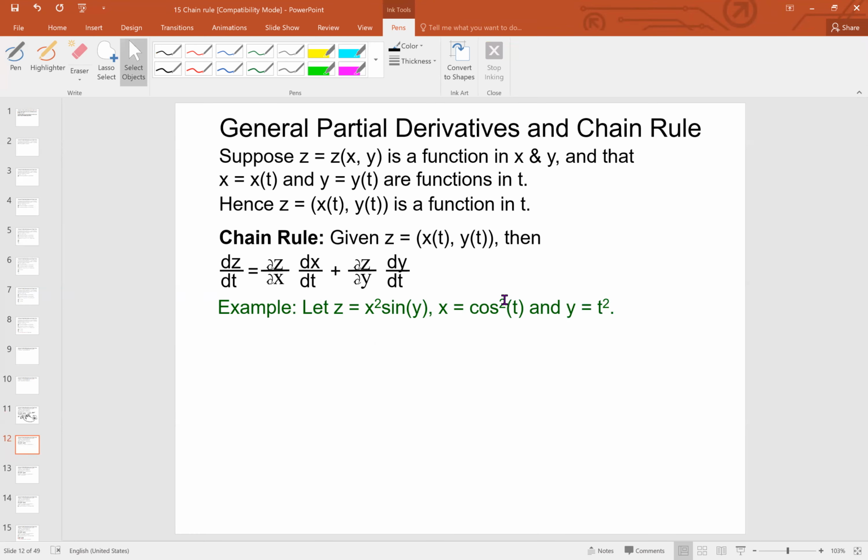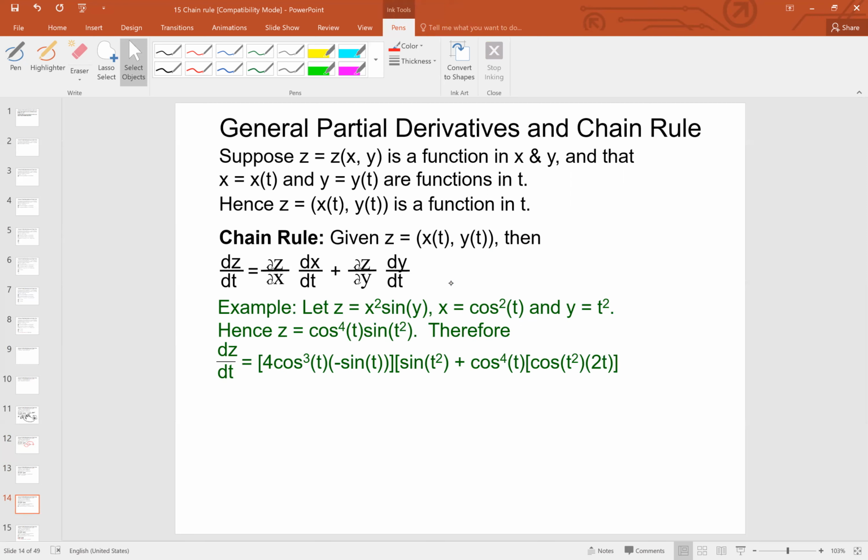So for example, if this is a function in x, y, and x is cosine squared t, y is t squared, I can calculate it two ways. The first way is I put cosine squared t for x and t squared for y, everything in t, and calculate the derivative. Here I introduce the chain rule and product rule, and I get this as the derivative.